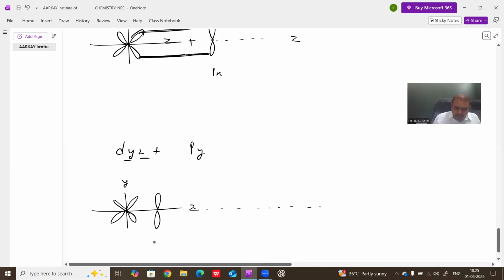It is also perpendicular to the z axis. When they overlap or interact, they generate a pi bond because sidewise overlapping takes place. A pi bond is formed by the overlapping between two orbitals in the sidewise direction, in which the electron density divides into two parts, above and below the internuclear axis. And these are the examples of pi bond.